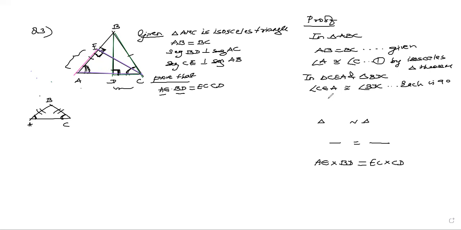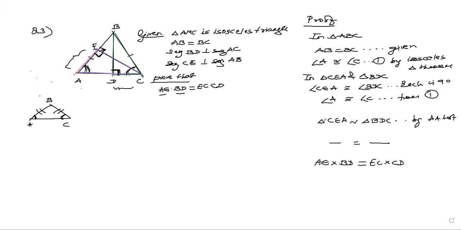Then you can see, children, angle A of this triangle is congruent to angle C of this triangle, I can see this from 1. Therefore, triangle CEA is similar to triangle BDC by AA test.